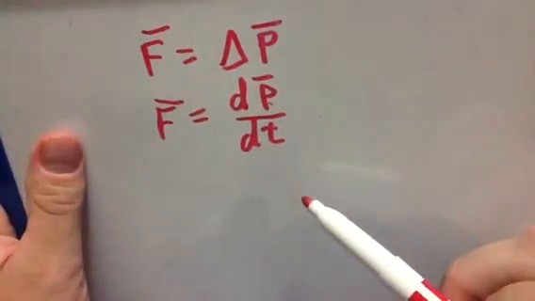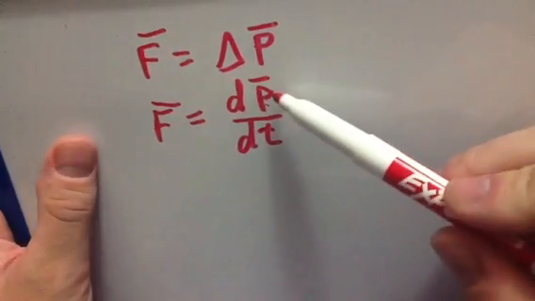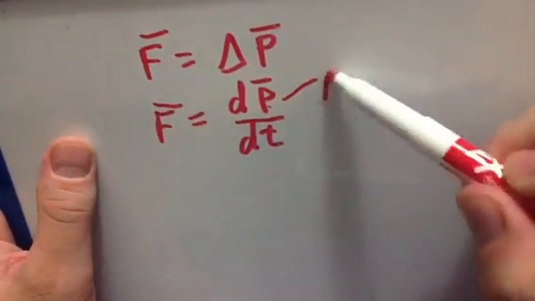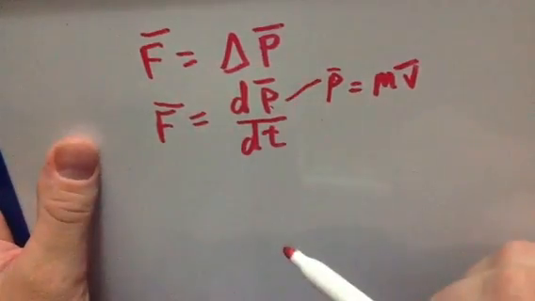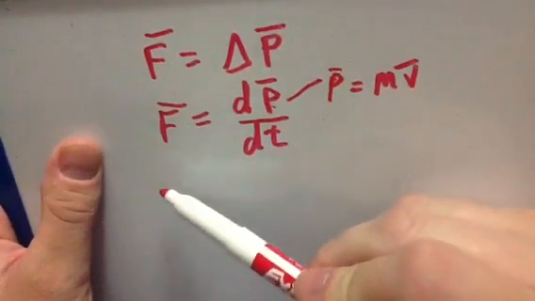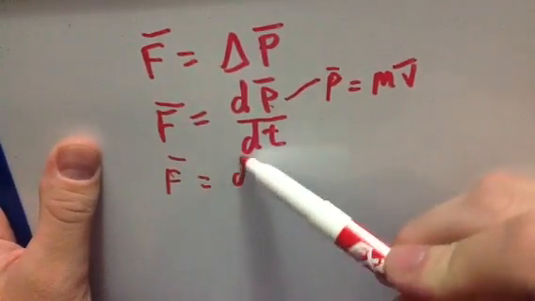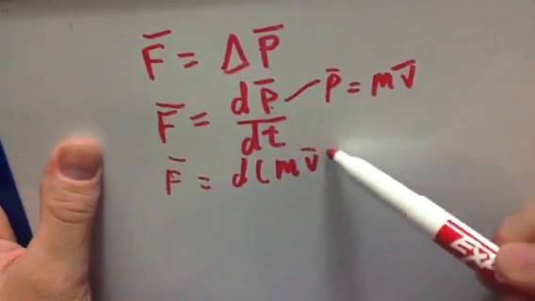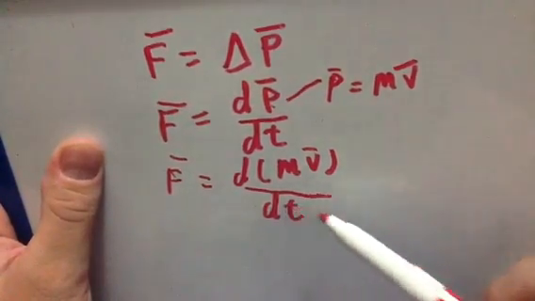Then I said, well, let's break momentum down into what momentum is. Momentum, P, equals m, mass, times velocity. So I rewrote this as force equals d(mv) over dt.